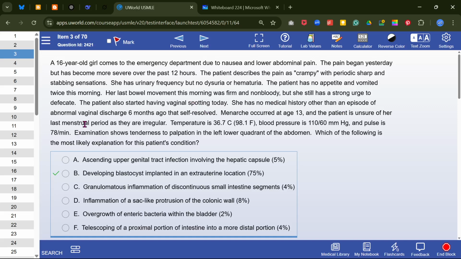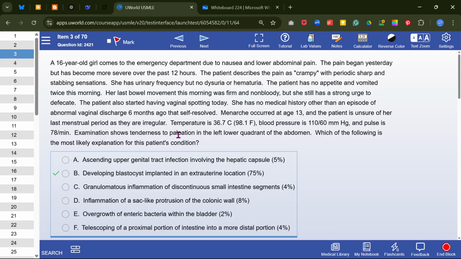Menarche was at 13. Blood pressure is normal, pulse 78. So she has lower abdominal pain, vaginal spotting, and is unsure of her last menstrual period, so it looks like amenorrhea.